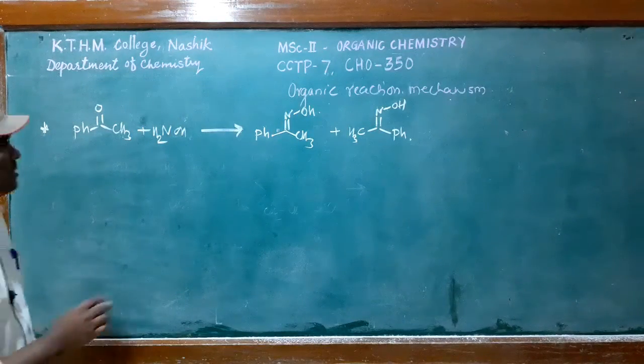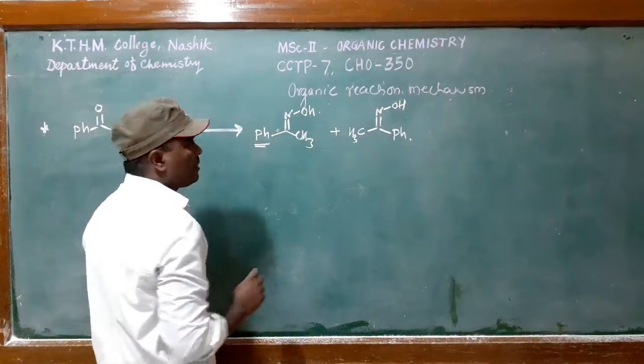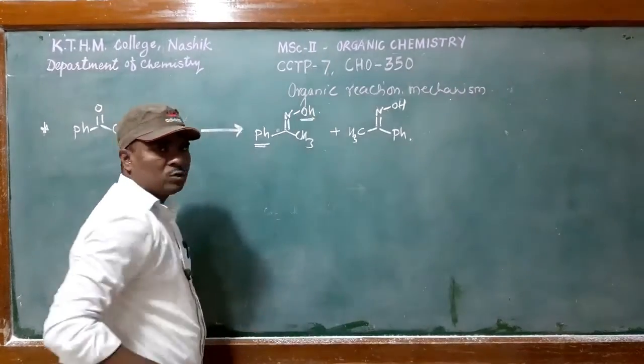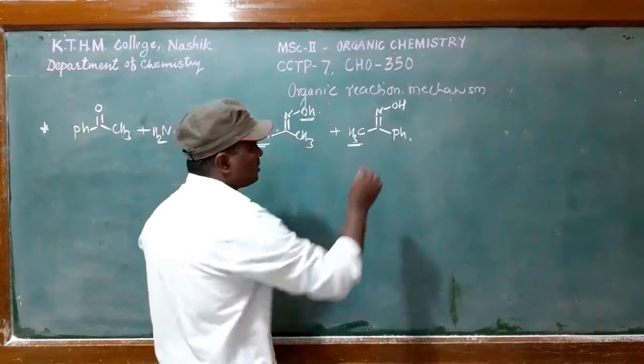What is the difference here is that in one isomer, this phenyl is anti-periplanar to this leaving group, that is OH, and in another isomer, this methyl is anti-periplanar to this OH.